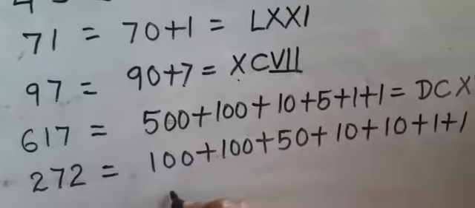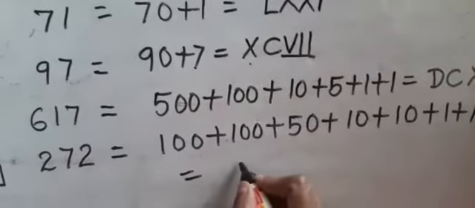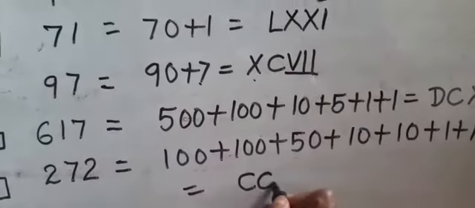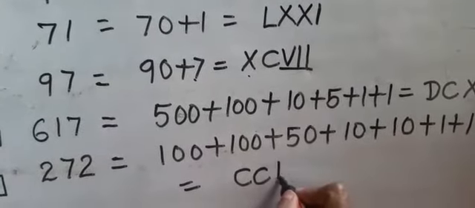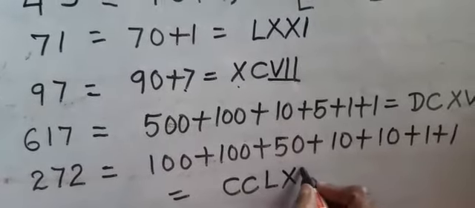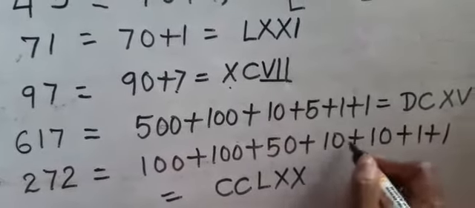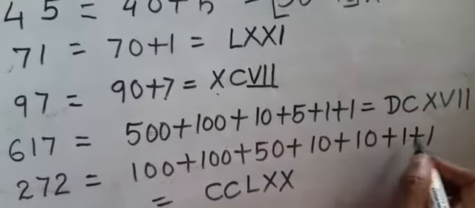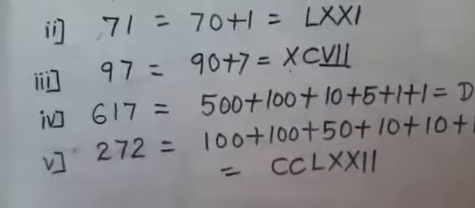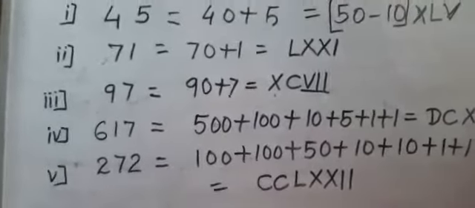For 100 we have the sign C, two times 100 is CC. For 50 I have L, for 10 I have X, so 2 times X because it is 2 times here, plus 1 1, so 2 times I. So in this manner you can decompose the number.